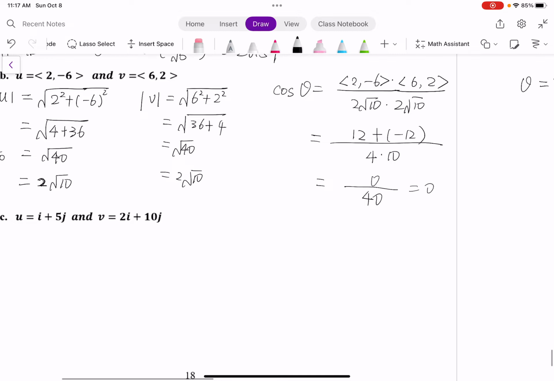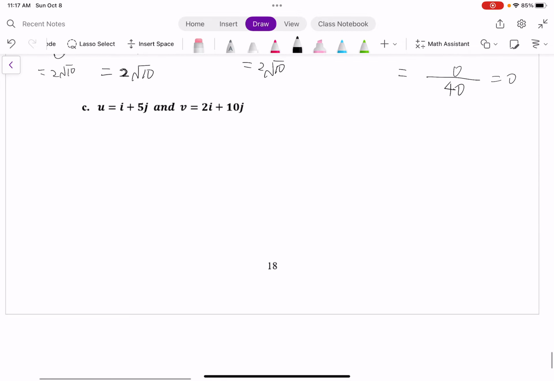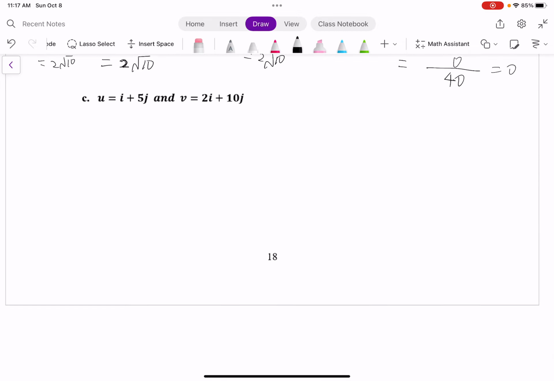Let's see the next one. All right, it gives us u and v in the unit vector form. That means if I don't like the unit vector form, I can convert it. So u in component form is 1, 5, and v equals 2, 10.